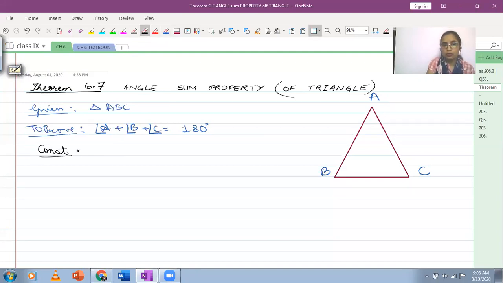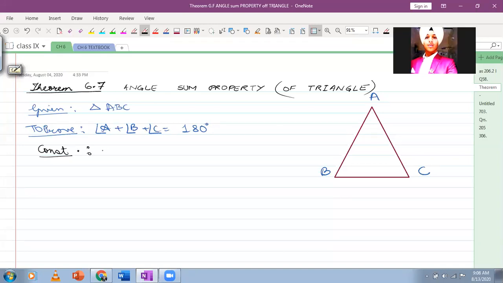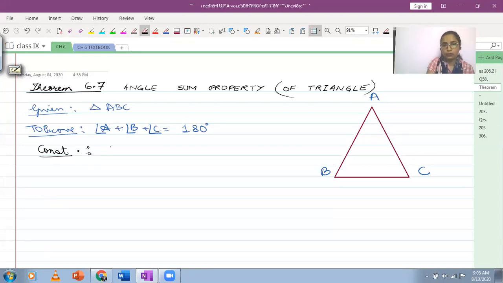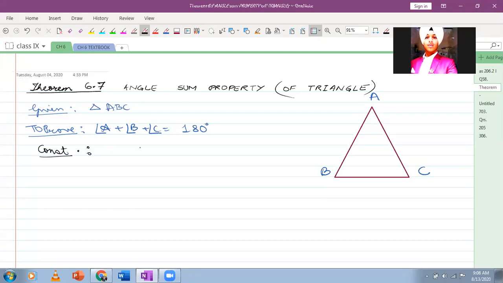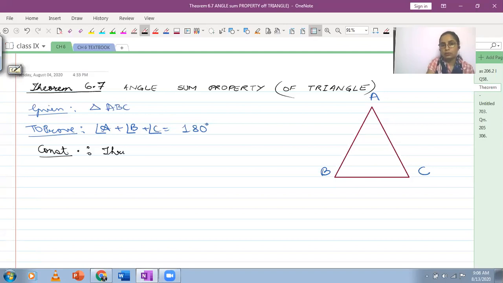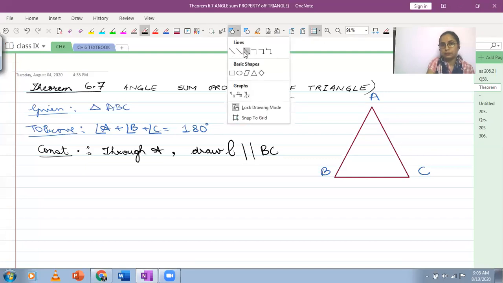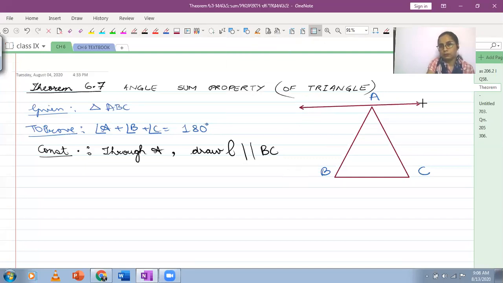We are going to do some construction. The construction requires a line parallel to the base of the triangle right through the vertex A. So through vertex A, we're going to draw a line L parallel to BC. Let's call this L and mark it parallel to BC.